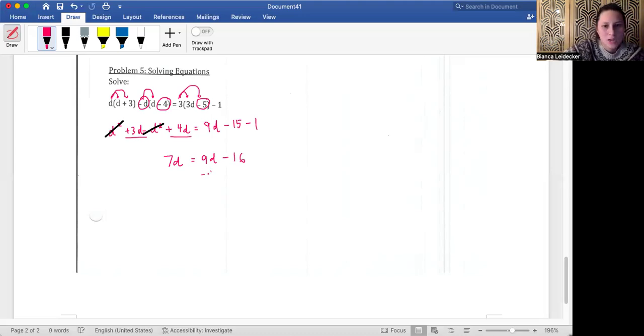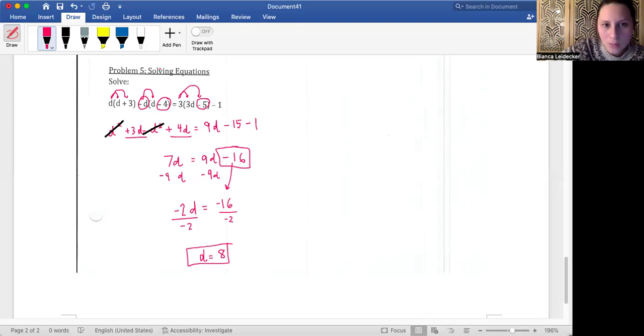Now I'm going to subtract 9d on both sides to combine my like terms. Left with negative 2d equals negative 16. Don't forget that this is a negative 16. Divide by negative 2 on both sides. D equals 8. And that's our final answer.